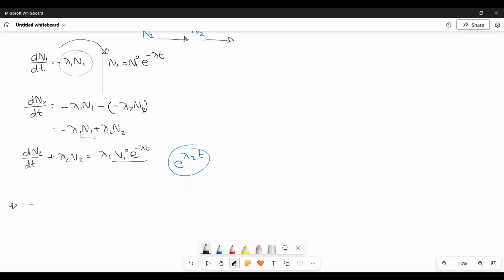So we get dn2 by dt into e to the power lambda 2 t plus lambda 2 n2 into e to the power lambda 2 t equals lambda 1 n1 naught, and multiplying this we get e to the power lambda 2 minus lambda 1 into t.